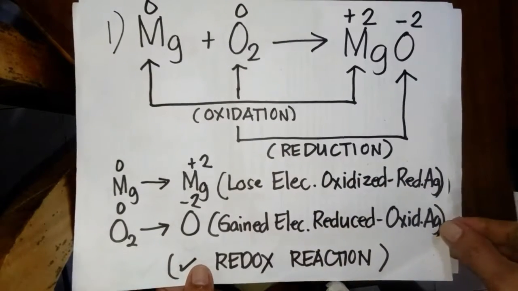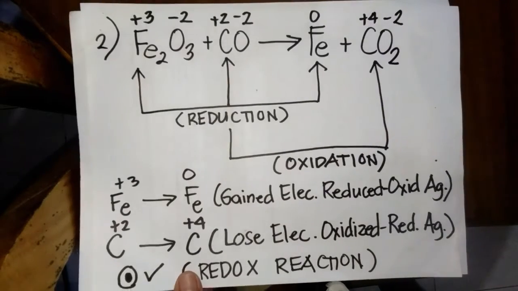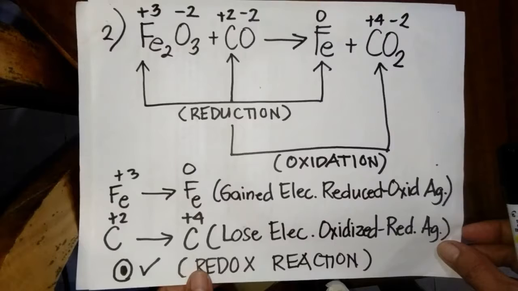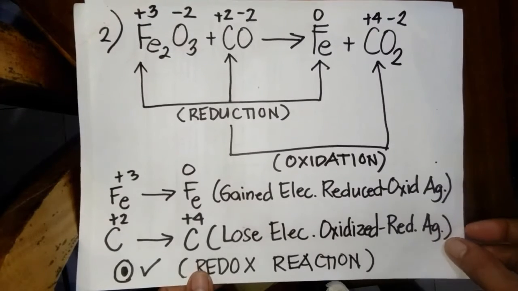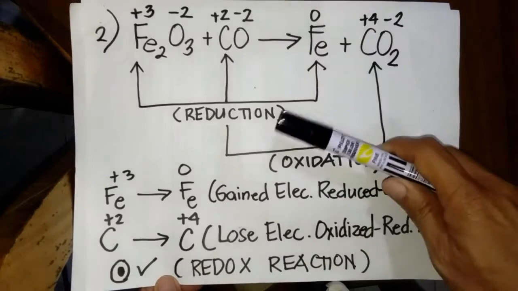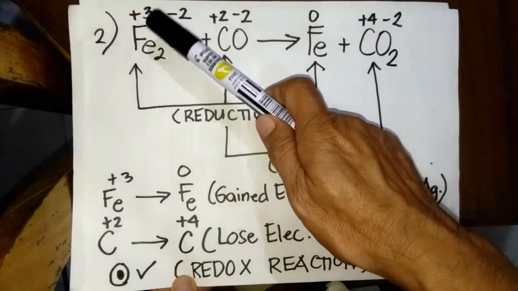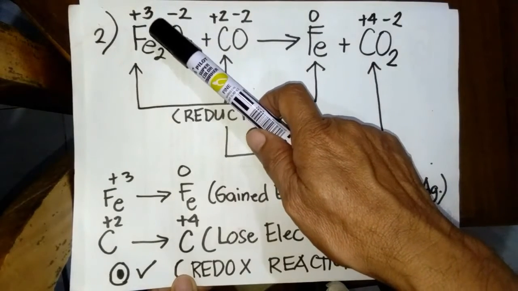Another example in determining whether the reaction is redox or not: Fe2O3 plus CO will yield Fe plus CO2. We can say here that this is also a redox reaction. Why? Because there are changes in oxidation number. Remember, if there are changes in oxidation number, it is a redox reaction.